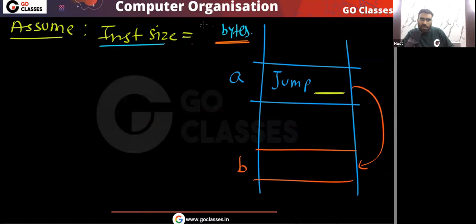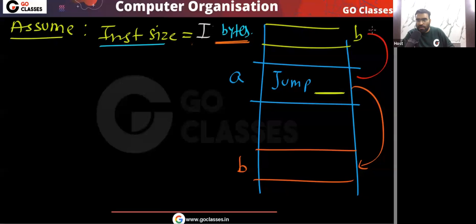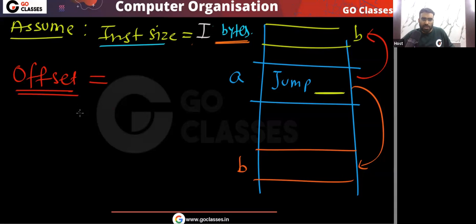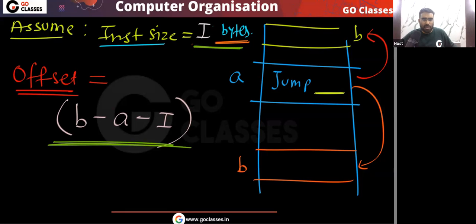If the instruction size is I bytes, whether B is here or here does not matter, in both cases the offset will be B minus A minus I. Clear? If your instruction size is I bytes, then B minus A minus I is the offset.